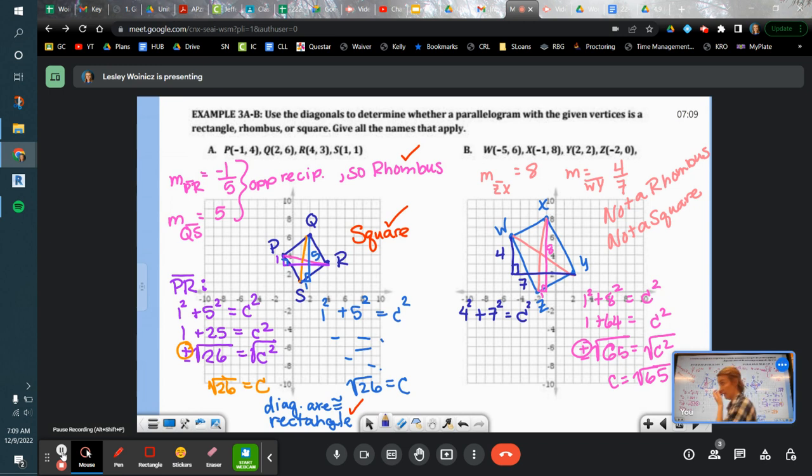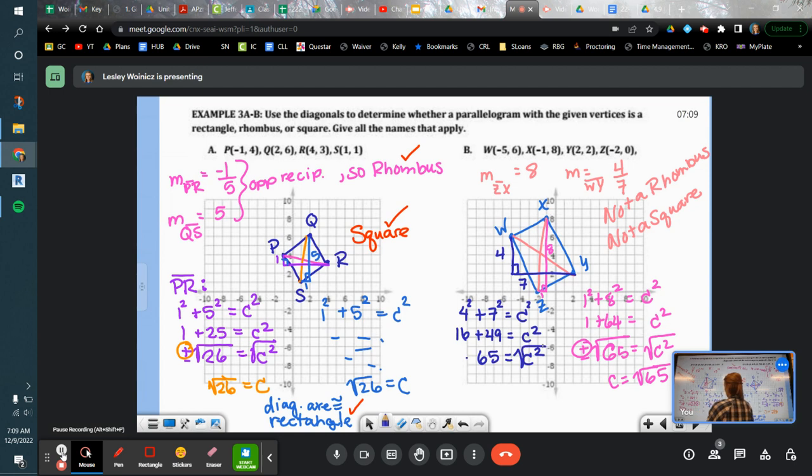I feel like I need a calculator. Okay, 4 squared is 16, and 7 squared is 49. I feel like that is 65, but I'm not doing very well this morning, so I'm just going to check. Okay, it is 65. So 65 is our c squared.